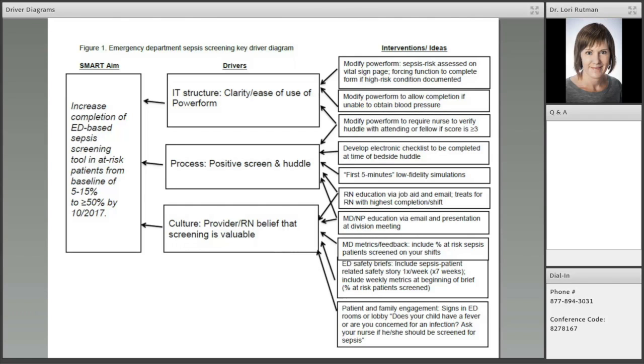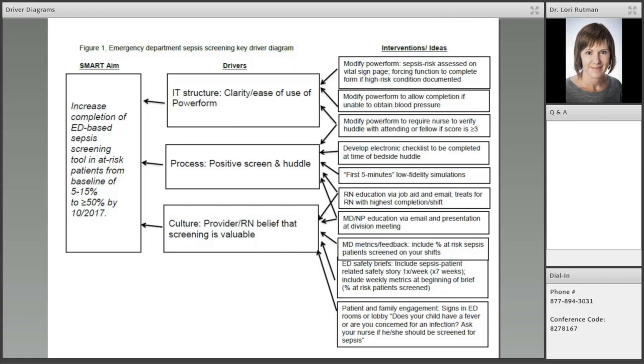driver was also really important for us to consider, and that was related to what happens with a positive screen and huddle. So we recognized after spending some time with nurses and spending some time on the front lines when patients were coming in through the emergency department that nurses often felt that when a positive screen was obtained, a patient screened at risk for sepsis, they were supposed to huddle with the supervising physician team, and often they just didn't know what to do with it once they got a positive screen.